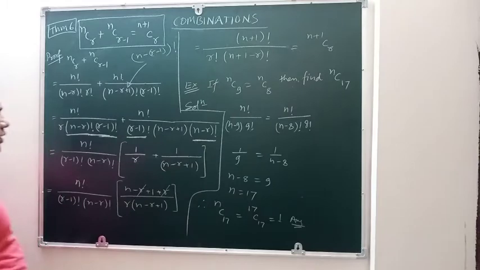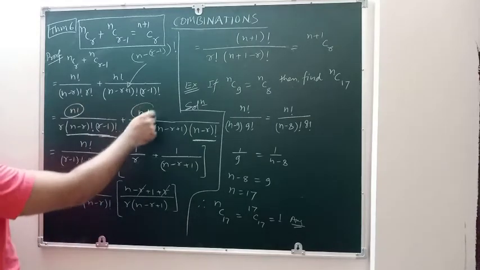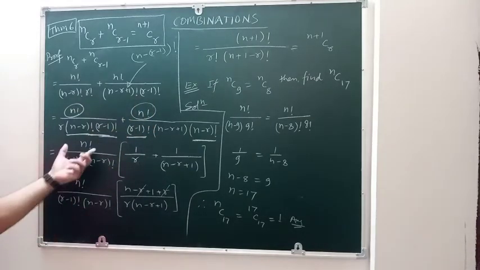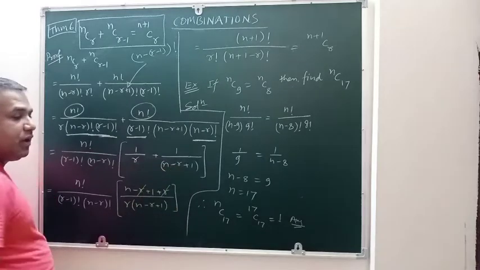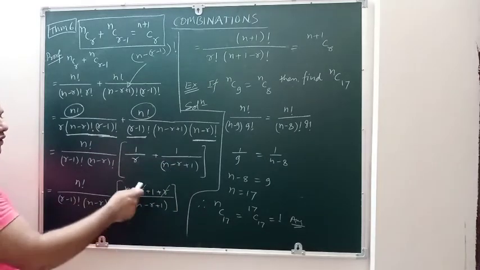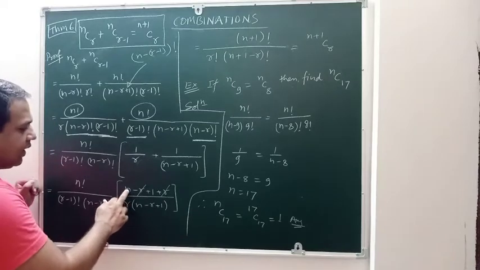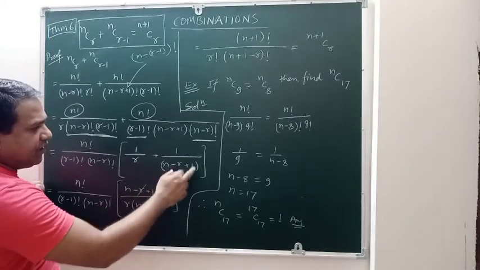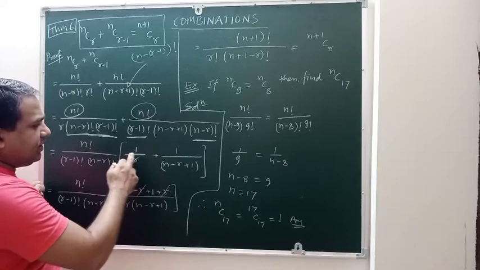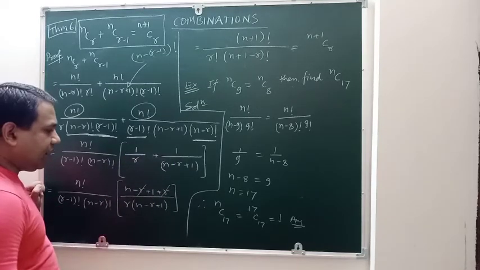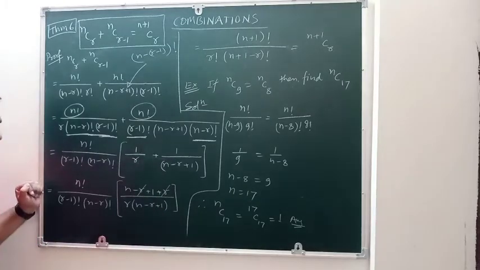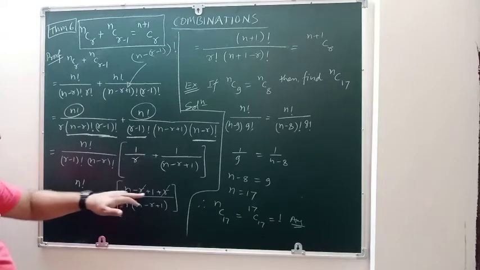You can see these terms are common. The remaining thing is 1 by r plus 1 divided by n minus r plus 1. After taking LCM, we will have n minus r plus 1 in one term and r in the other. So r plus and minus cancel each other, and what we have is n plus 1 over here.